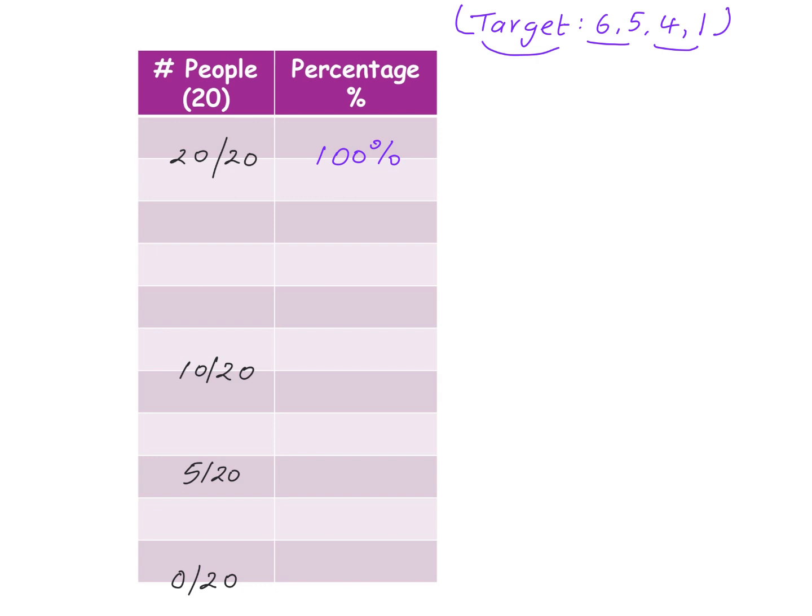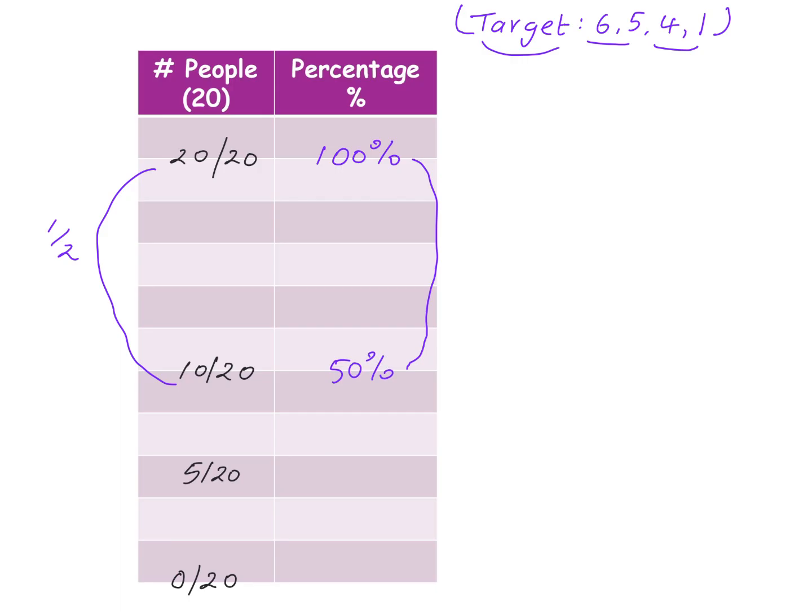We can get from 20 to 10 out of 20, well, that's just halving. And we're just halving. So to get to the percentage then, we can just halve 100%. That will be 50%.